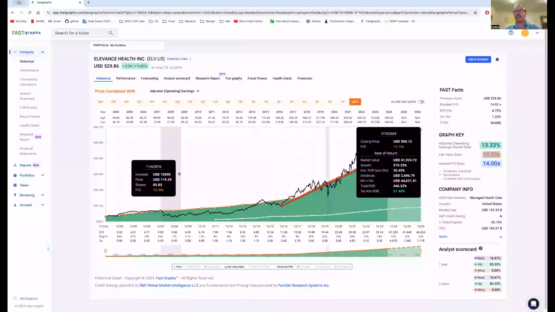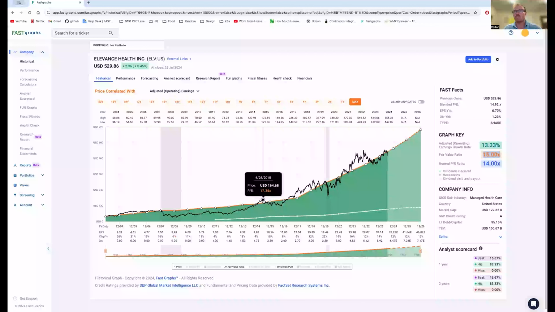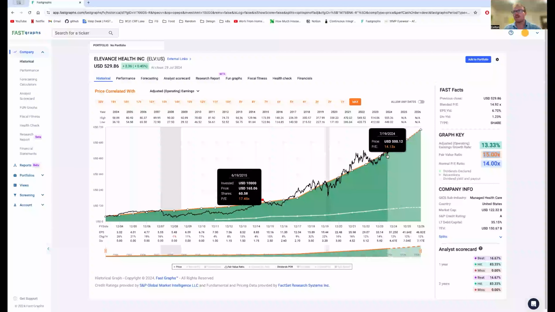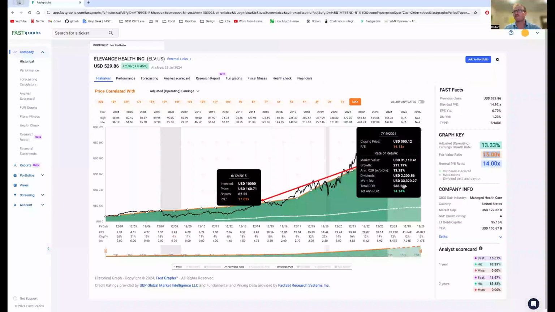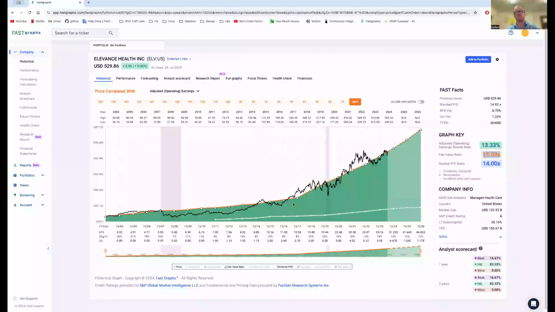So I would have turned $10,000 into $41,924. That's a huge difference, right? It was $41,000 versus $31,000. So $10,000 more dollars I made off of my investment in a year and a half less time. And that's due to buying a good valued company that is growing fast, right?